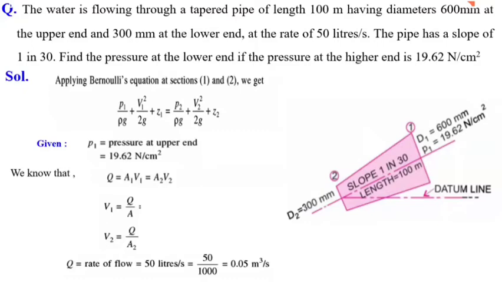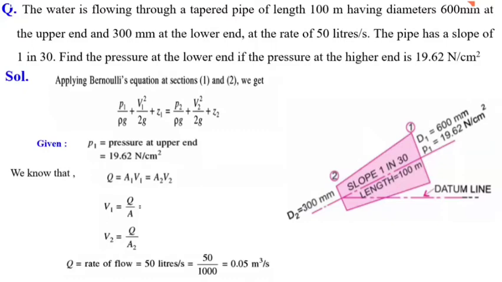Now, after writing the Bernoulli's equation, our aim is to check what all parameters are given to us and what all parameters can be computed with the data available in the question. So here P1 is the pressure at upper end, which is given to you in the question as 19.62 Newton per centimeter square.